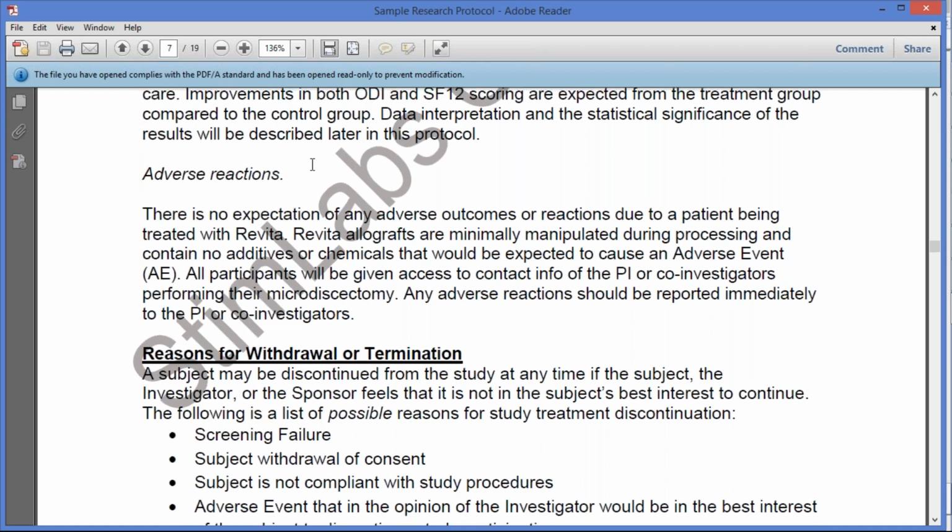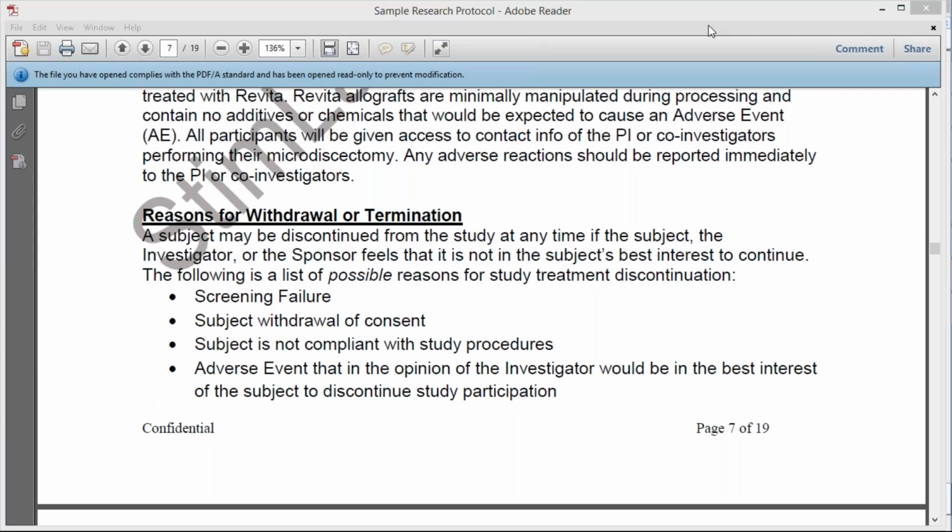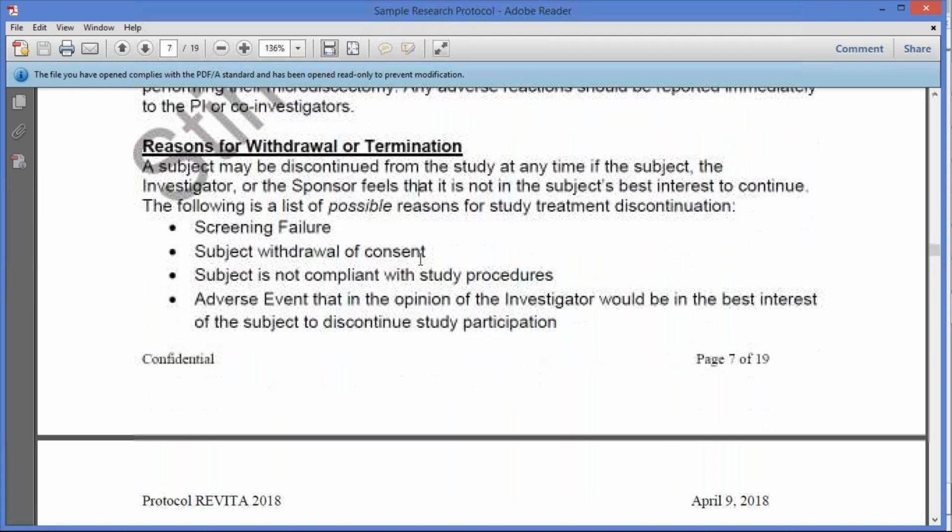Reasons for the withdrawals. As it is voluntary participation, the subject can withdraw from the study at any time. Okay, so this is reasons for the withdrawals.